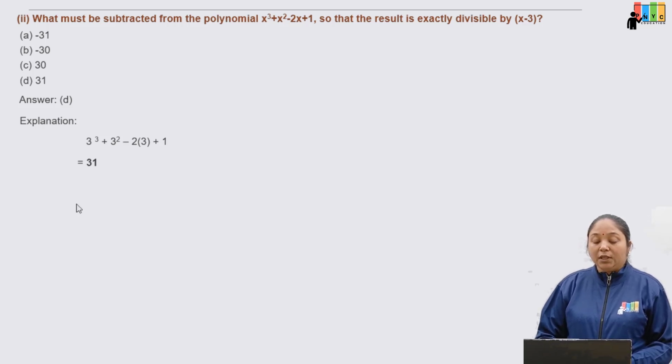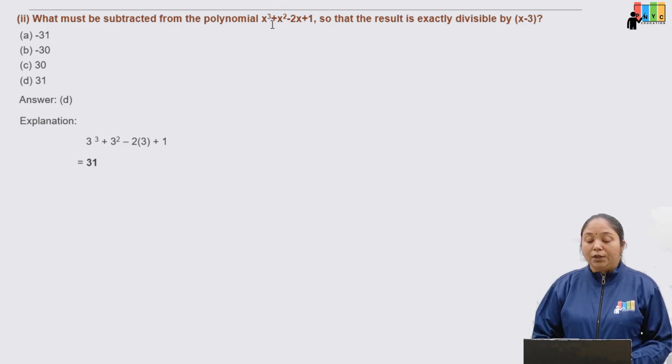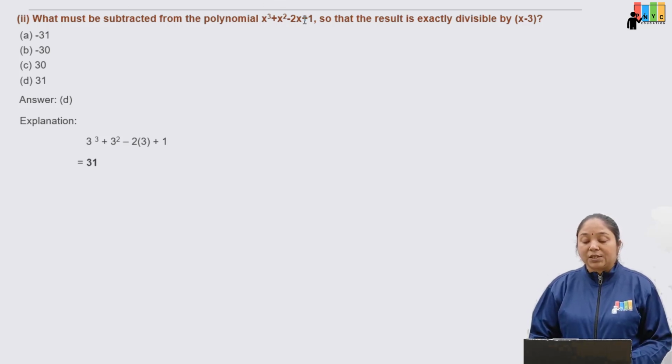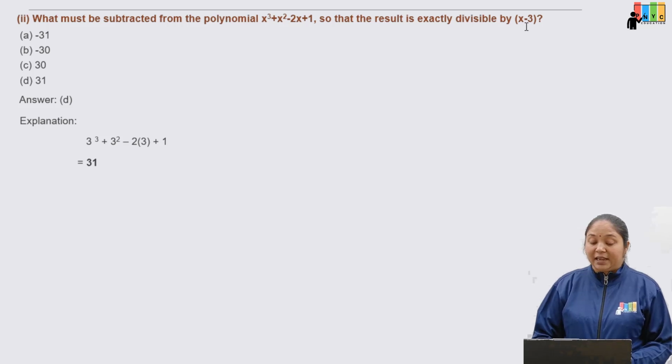Now, second question. What must be subtracted from the polynomial x cube plus x square minus 2x plus 1 so that the result is exactly divisible by x minus 3? Now, the polynomial is given, and it is asked what must be subtracted so that the result is exactly divisible by x minus 3.